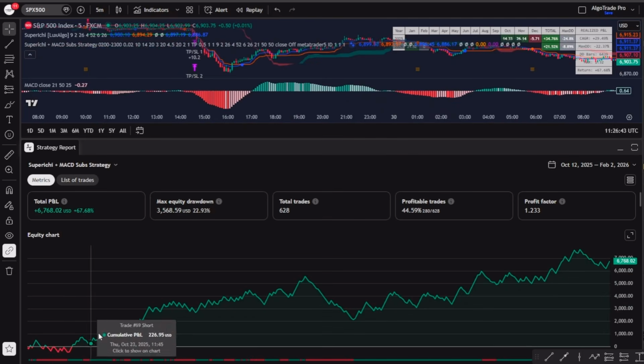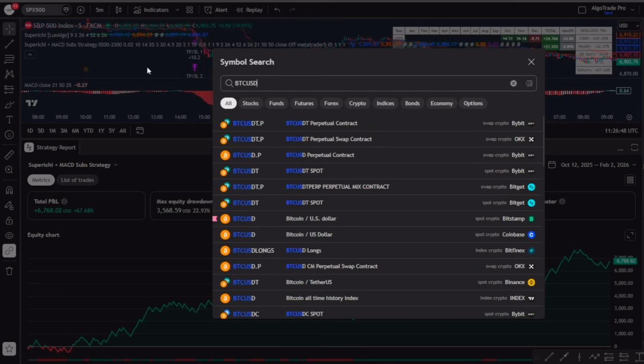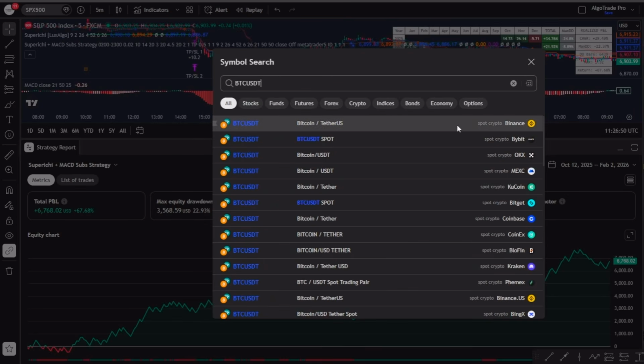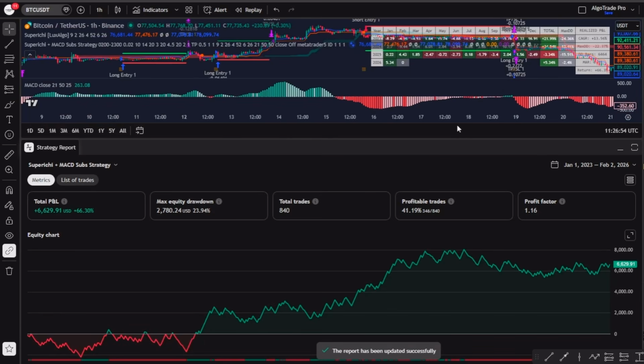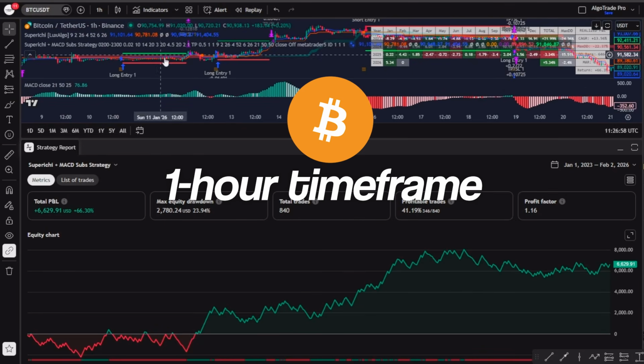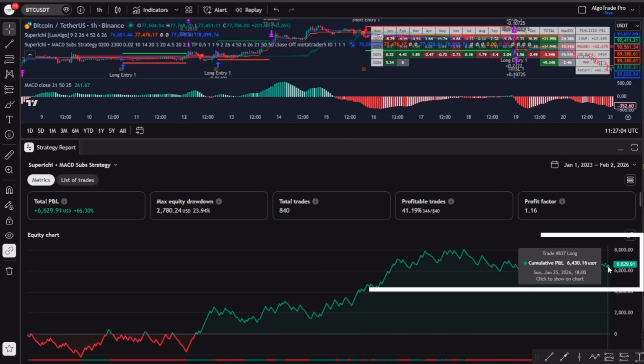Now, with the bot applied to the chart, the process is very simple. All we have to do is select the asset, choose the time frame, and with the rules already applied, the results appear in seconds. So let's start with Bitcoin on the 1 hour time frame. Here the strategy shows an overall positive equity curve, but it's far from smooth.